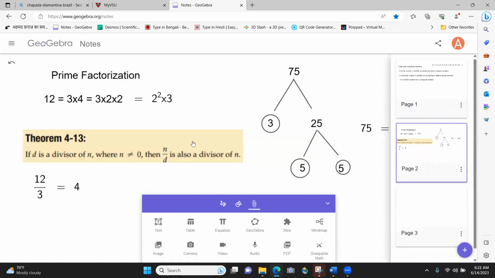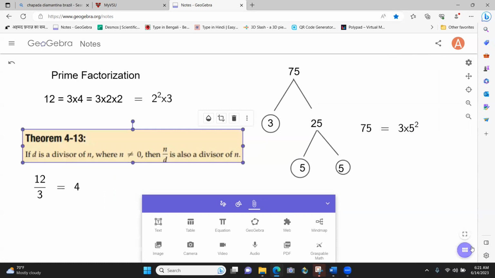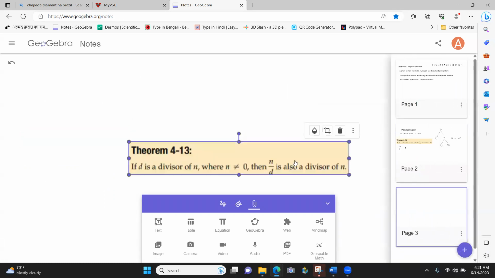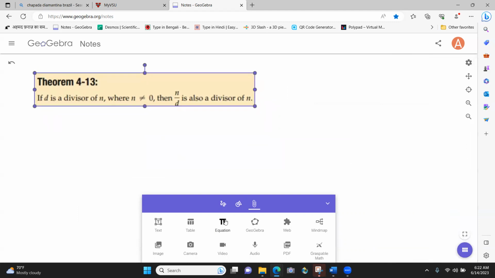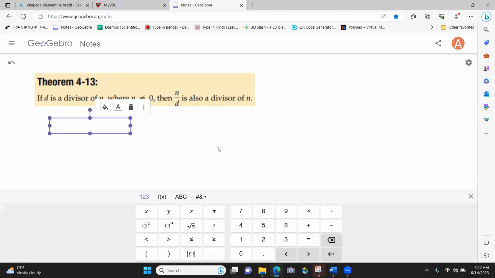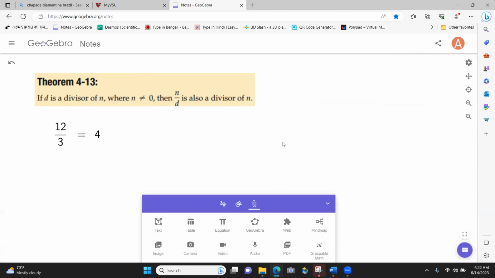I don't have to save space. Give me 1 second. It'll look a little better. All right, so I'm going to give you an example and explain what this means. Intuitively, it makes a lot of sense. D is a divisor of N. So suppose N is 12, the divisor is 3, and the answer is 4. That means when 3 divides 12, you get a natural number as your answer.